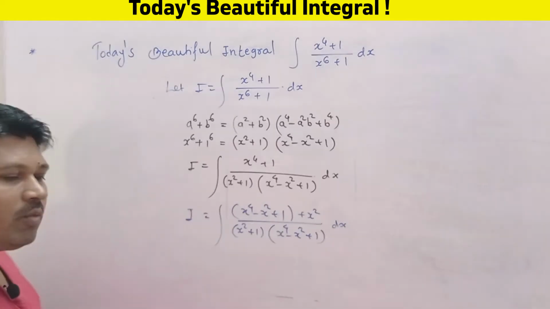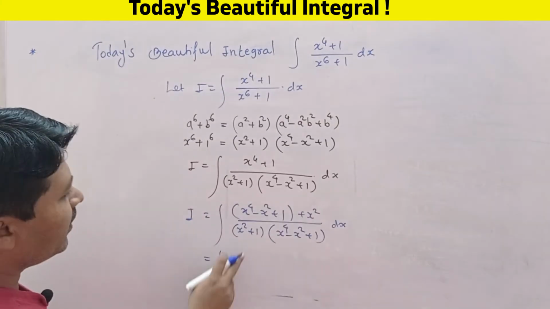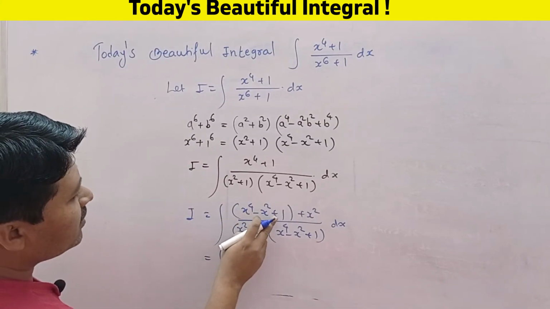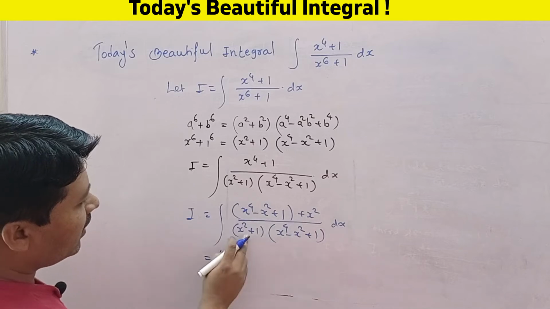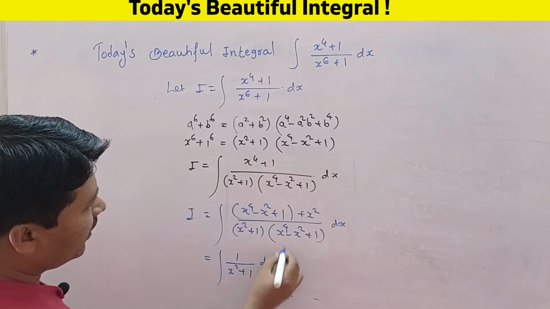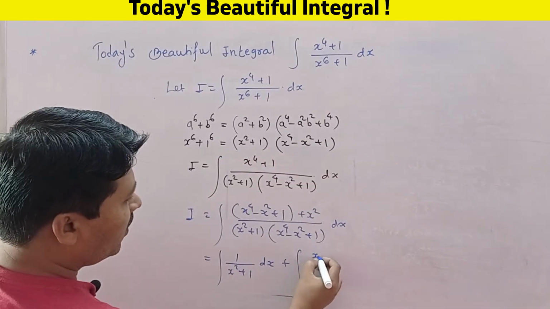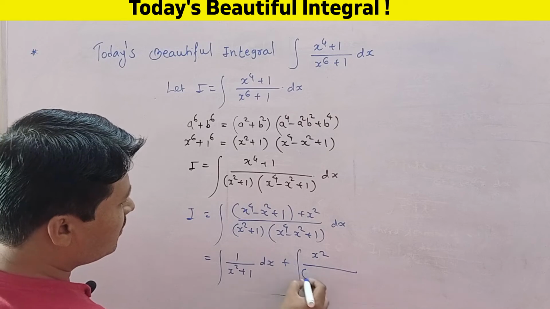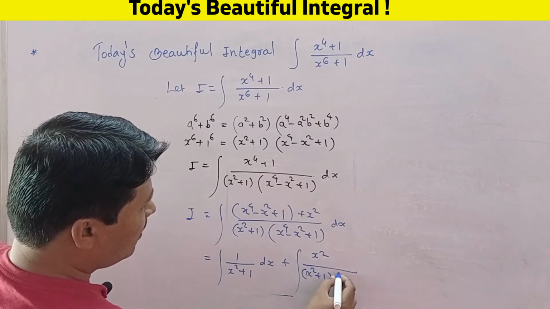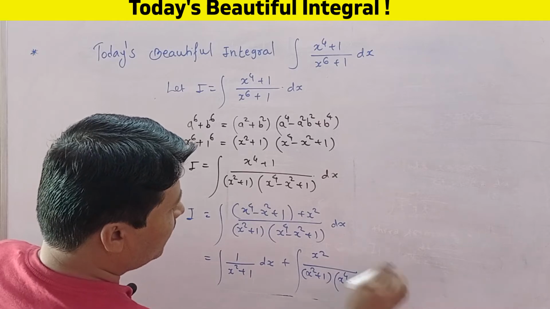And I can separate this function. In the first term, x^4 - x^2 + 1 cancels, and we get only 1 upon (x^2 + 1) dx, plus x^2 divided by (x^2 + 1)(x^4 - x^2 + 1) dx.